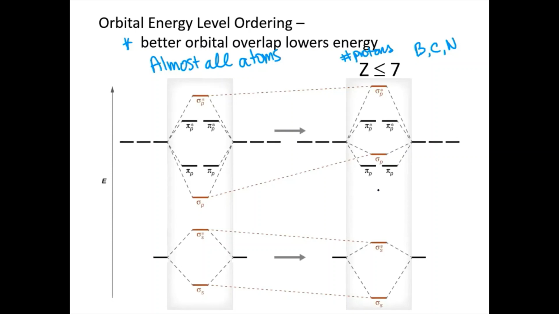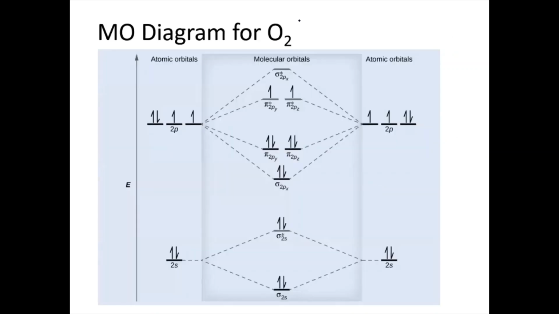Okay, so I just wanted to show you 2 more examples. So here we have the molecular orbital diagram for oxygen, right? And oxygen has 1, 2, 3, 4, 5, 6 valence electrons, right? We've got 2 in the 2s orbital that looks like this, and 2 in the 2p.